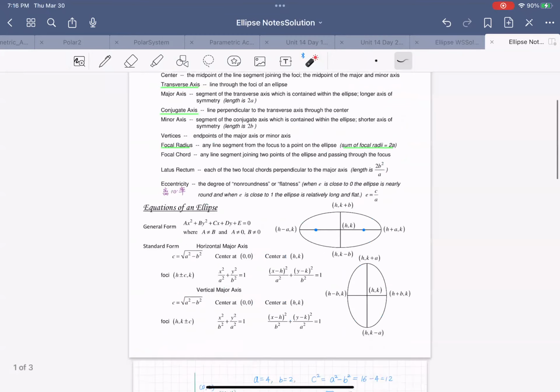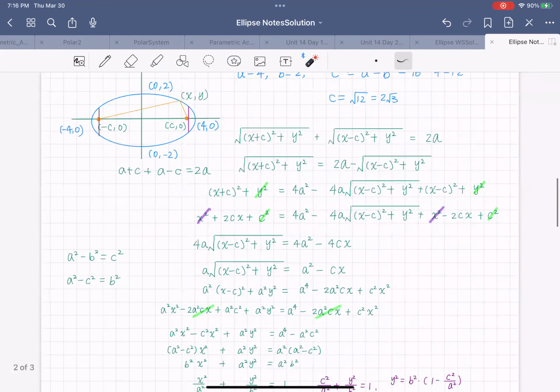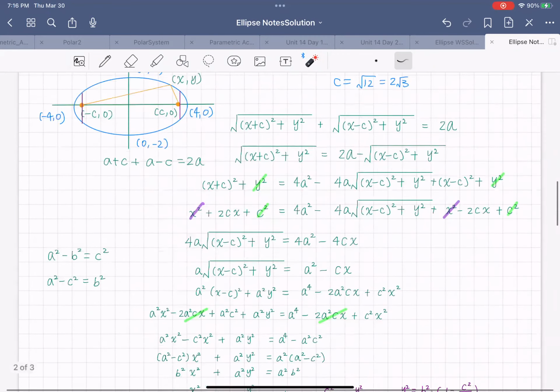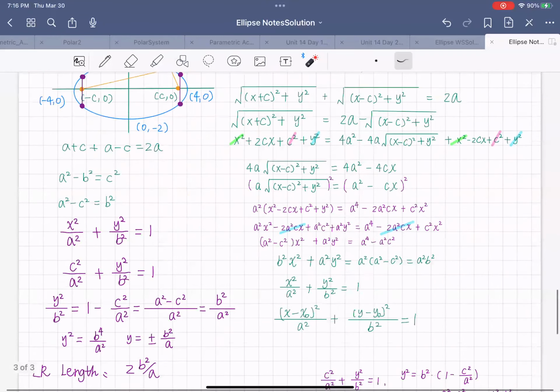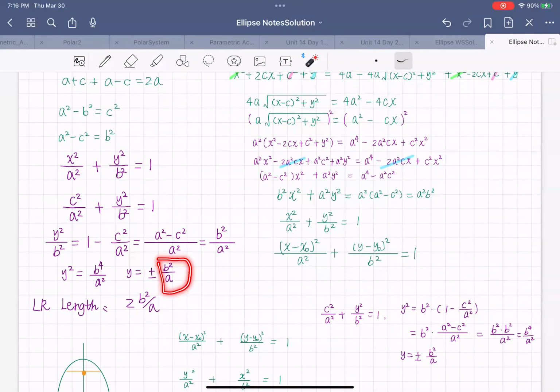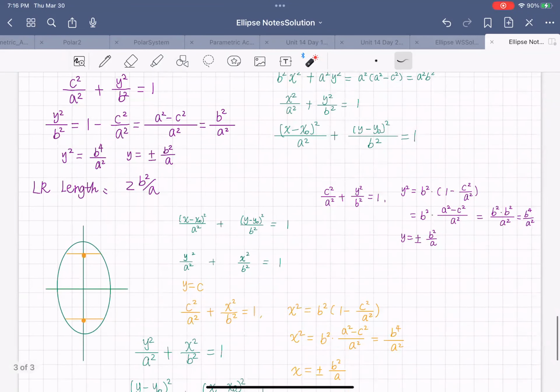Look here. The latus rectum is b squared over a, okay? So we need to plug into this vertical direction. Right now it's the vertical direction, so y squared over a squared plus this equals 1.